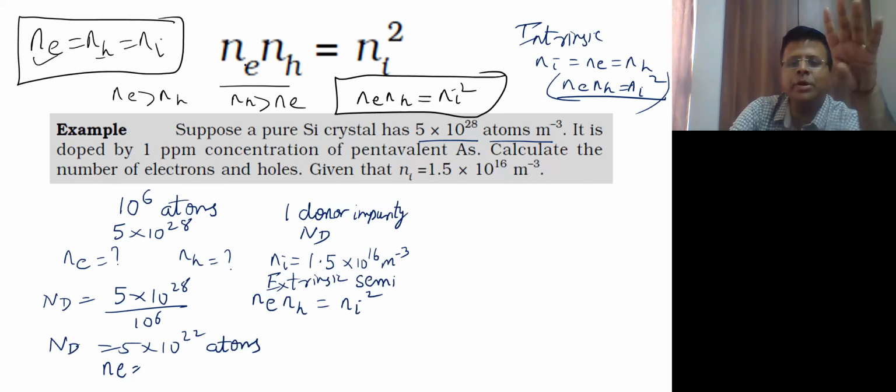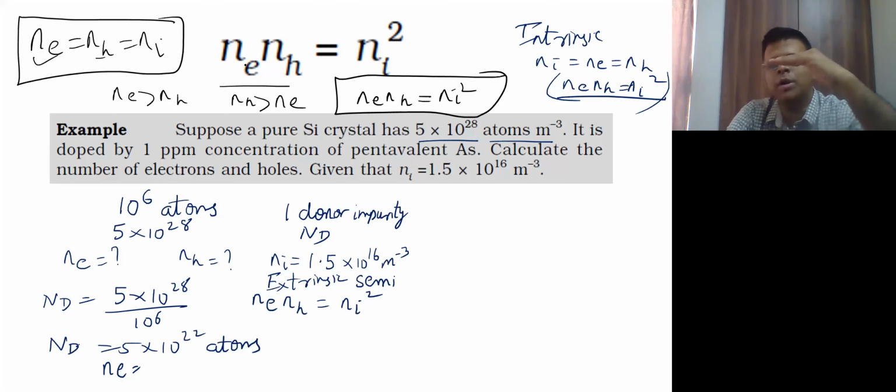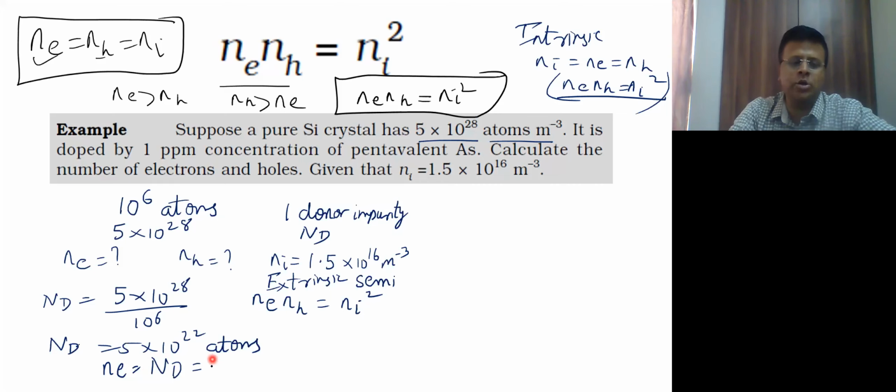In pentavalent impurity में हाँ एक, क्योंकि 4 इलेक्ट्रॉन कोवेलेंट बॉन्ड्स फॉर्म करेंगे 4 सिलिकॉन एटम्स के साथ, और एक बचेगा जो डोनर लेवल पे रहता है, और डोनर लेवल से वो कंडक्शन बैंड चला जाएगा विद एनर्जी if it gets an energy of 0.01 electron volt. So Ne is equal to Nd only, because हर एक एटम से एक इलेक्ट्रॉन मिलेगा. तो 5 into 10 raised to 22 फ्री इलेक्ट्रॉन है आपके पास.